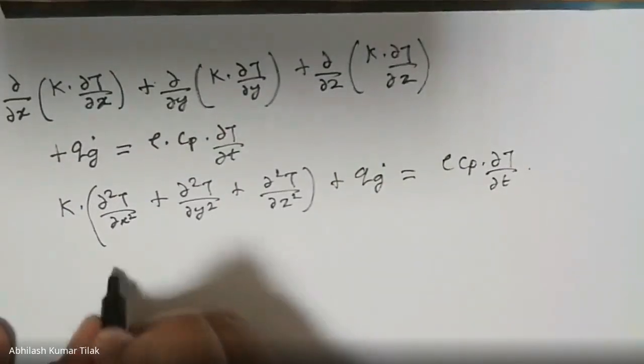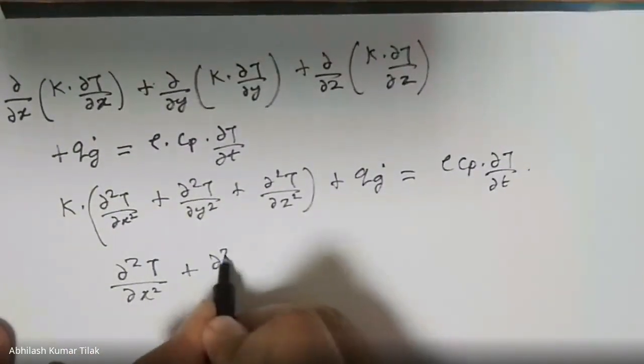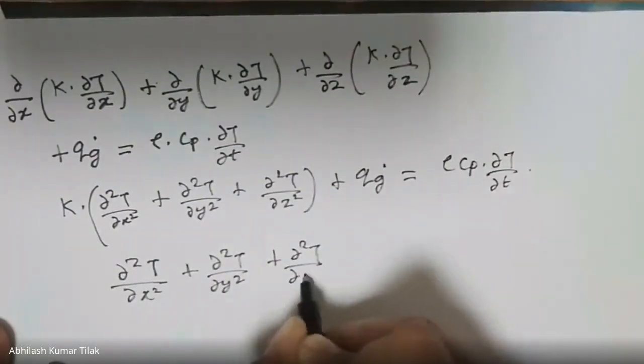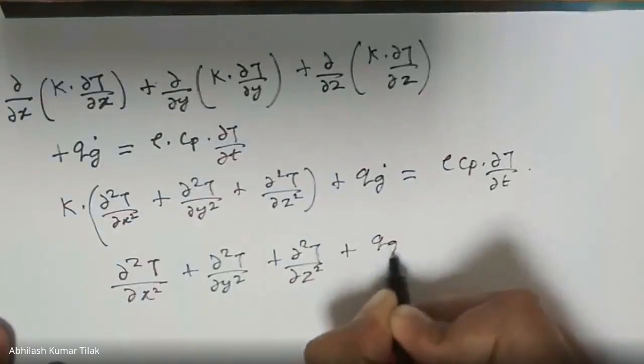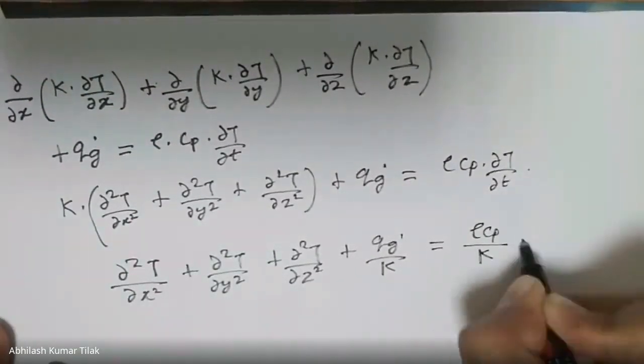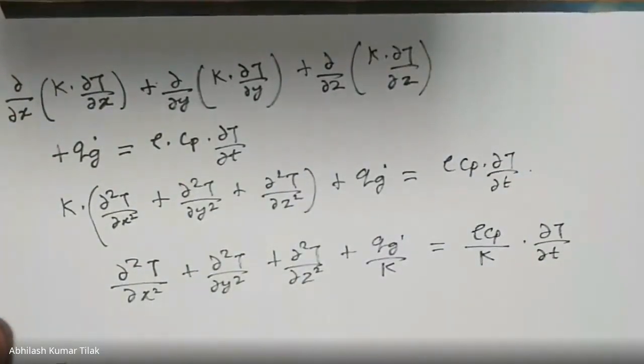In that case, this equation will turn to dou squared t upon dou x square plus dou squared t upon dou y square plus dou squared t upon dou z square plus qg upon k is equal to rho cp upon k into dou t by dou t. This equation is known as the general heat conduction equation.